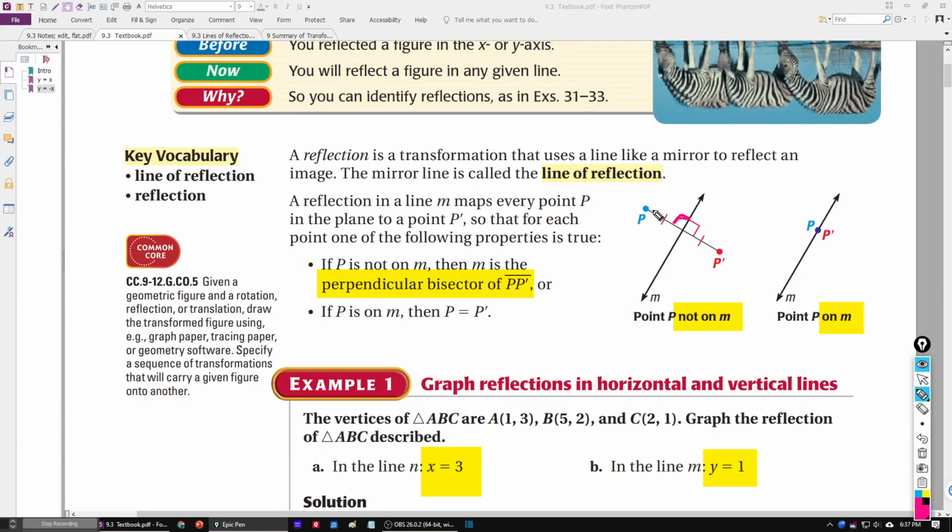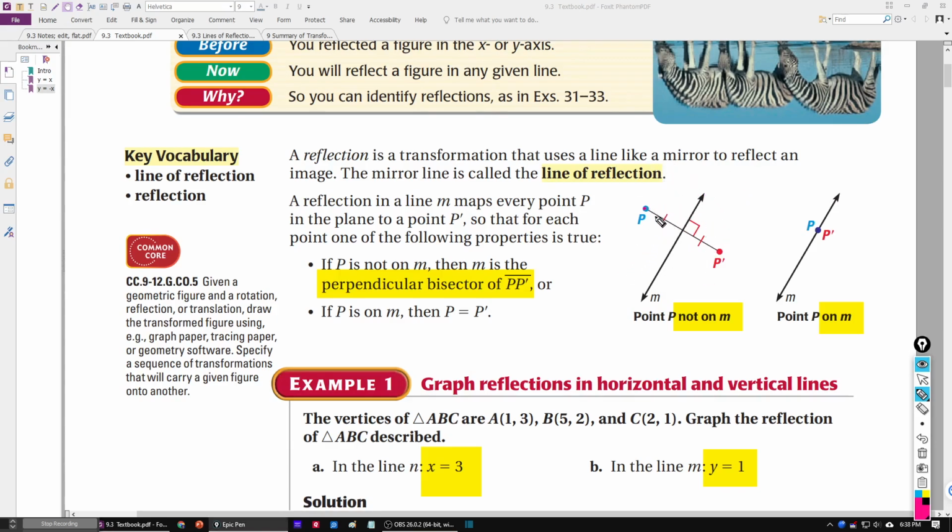So we go a certain distance to that mirror, this line of reflection, and the image will always be the same distance beyond that. If this distance was, say, 3 feet to the mirror, then we go 3 feet beyond that to get to our image. That's just the simple basics. It will always be that way.